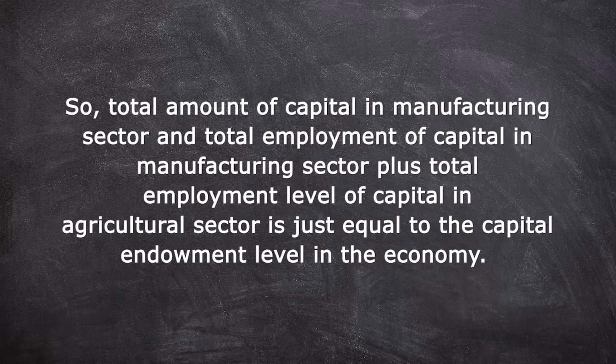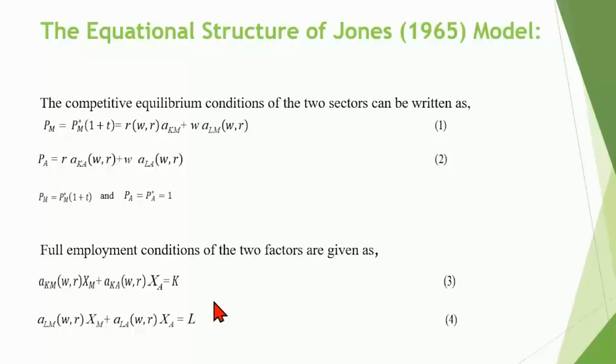So total employment of capital in the manufacturing sector plus total employment level of capital in the agricultural sector is just equal to the capital endowment level in the economy. Similarly, in equation 4, we get the full employment condition for the labor factor.